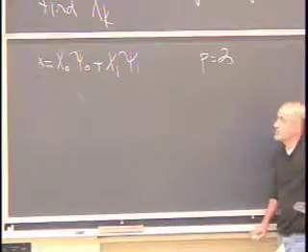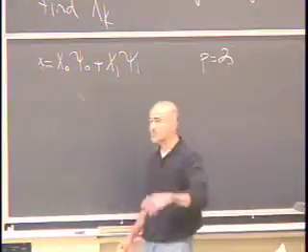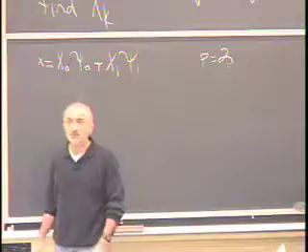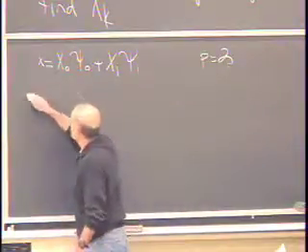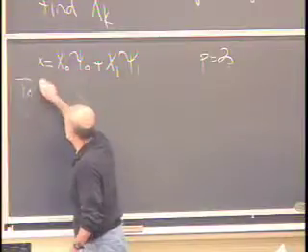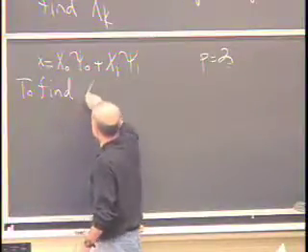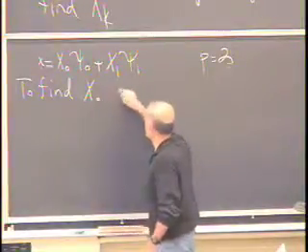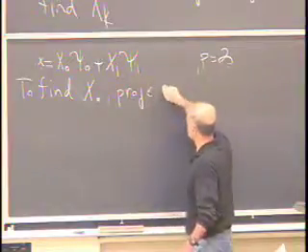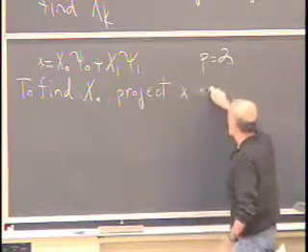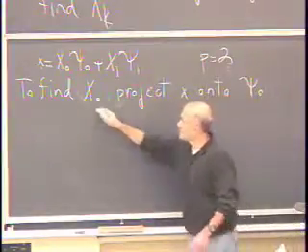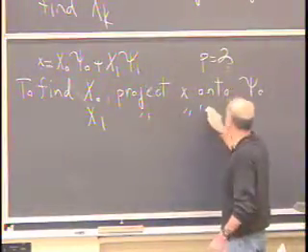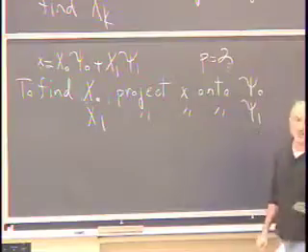Project. And projection is done by what you previously knew as a dot product, and now you currently know as an inner product. So to find x0, project x onto c0. And to find x1, project x onto c1.